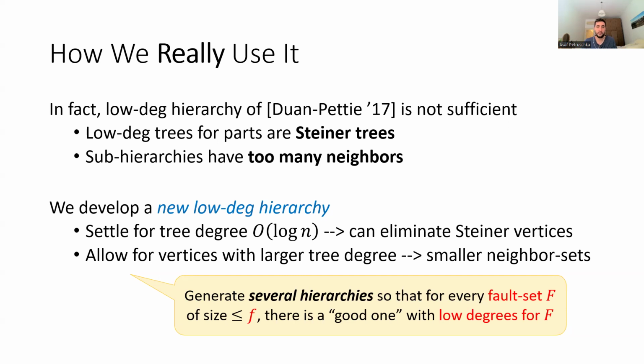Second, to solve the second challenge, it requires settling even more, and in fact, we will allow some vertices to have arbitrarily large degrees in the trees of the decomposition in order to obtain small neighbor sets. This seems a priori very problematic, because then we could have failures of vertices with large degrees, which is exactly what we wanted to avoid in the first place. The trick to get around this is to generate several different hierarchies with the property that for every possible set of faults, one of these hierarchies is good, namely it gives low tree degrees to every vertex in F.